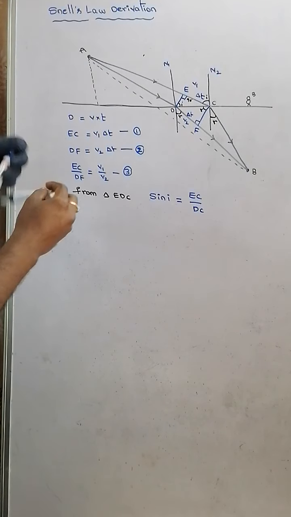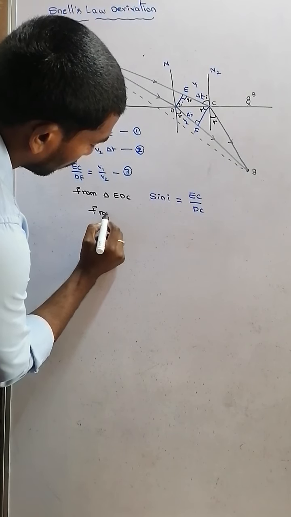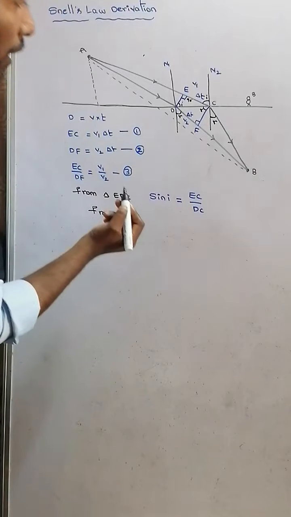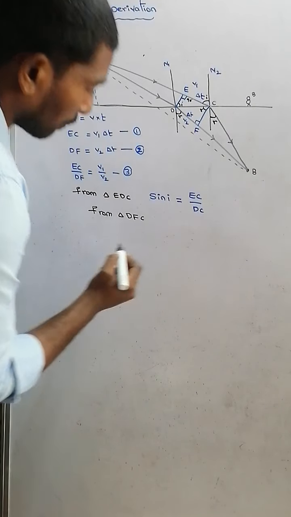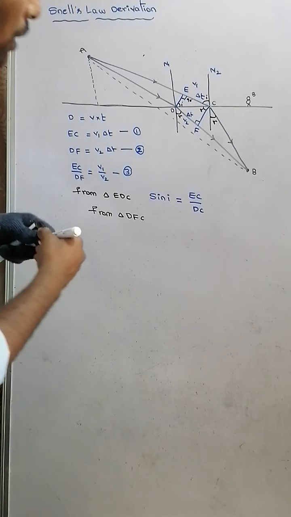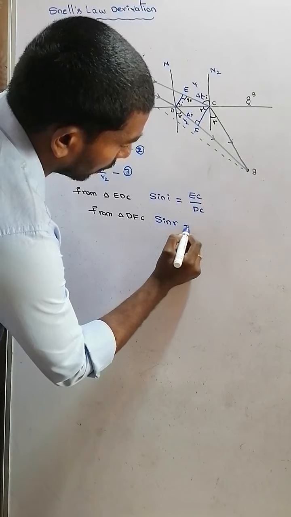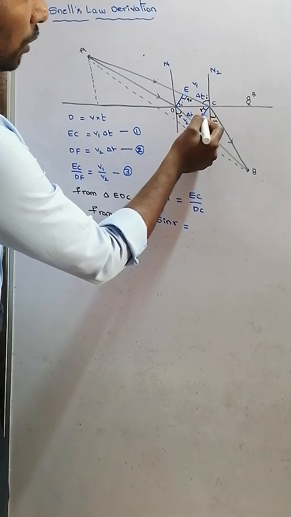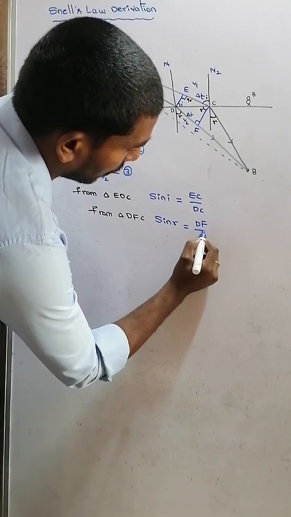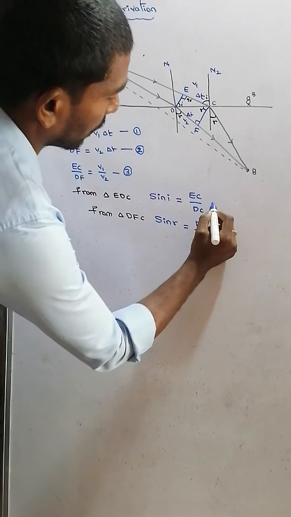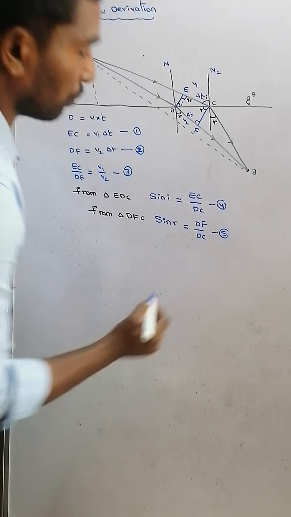And from triangle DFC, we can find out the sin r value. Sin r equals opposite side by hypotenuse, that means DF by DC. Consider this is equation number 4 and this is equation number 5.